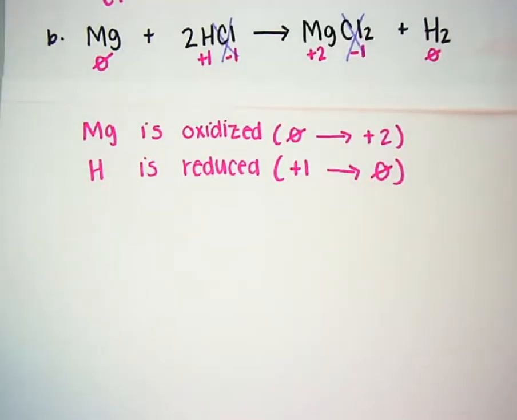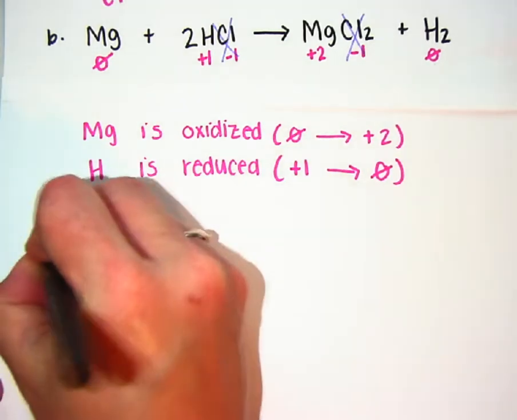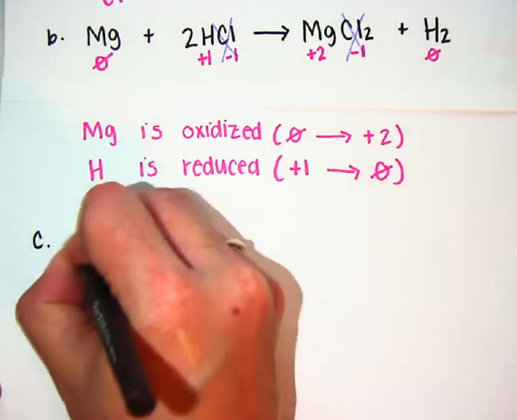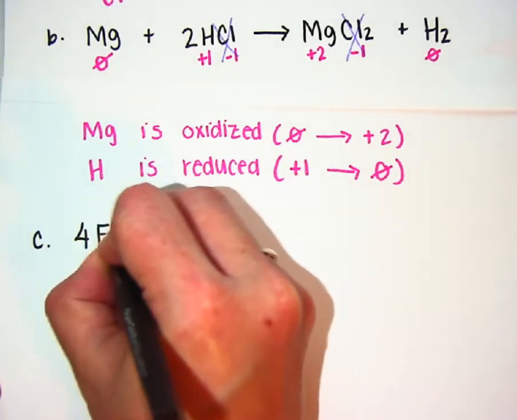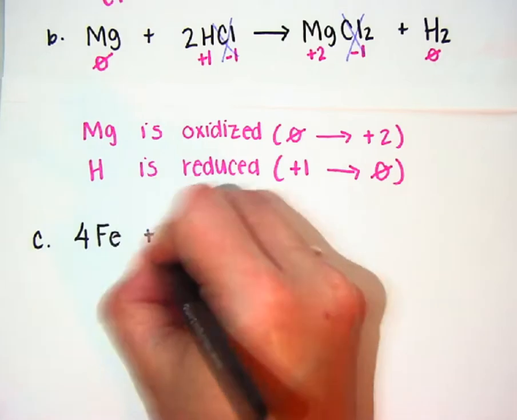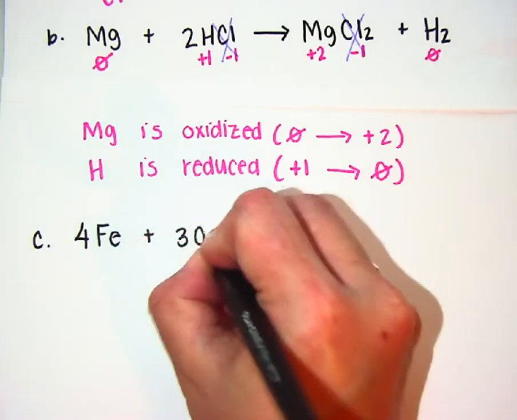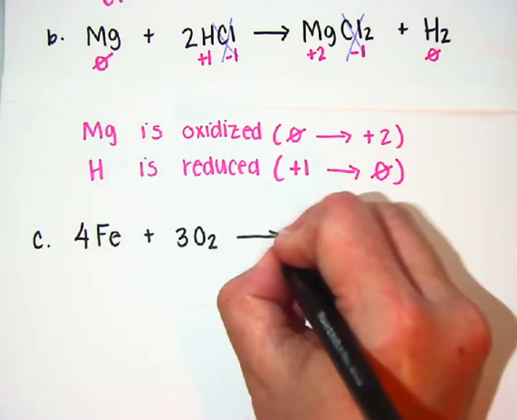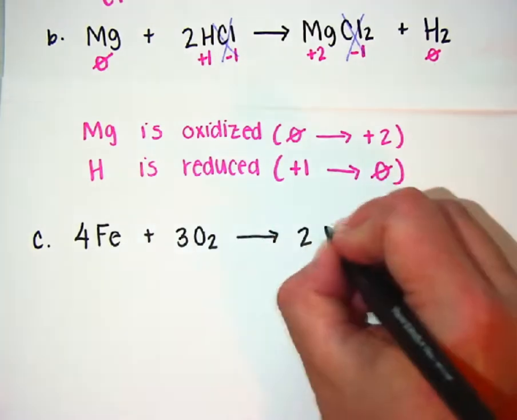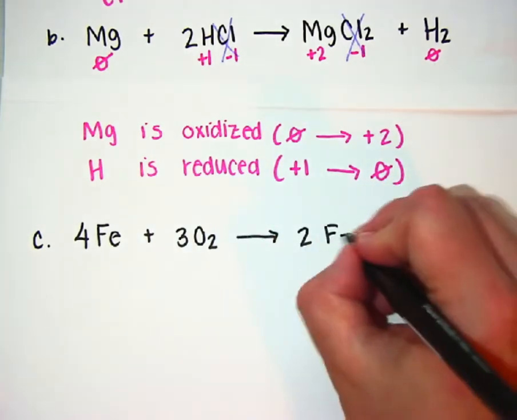Let's do one more. Let's do iron plus oxygen producing iron 3 oxide.